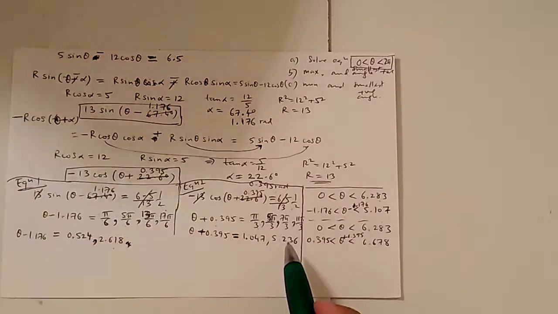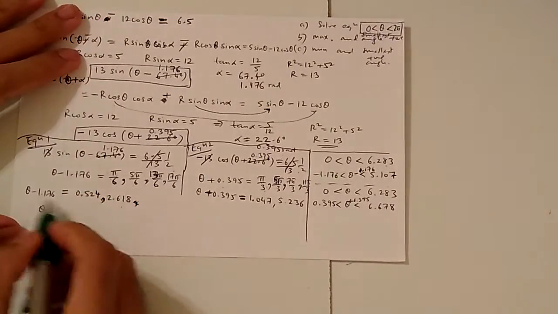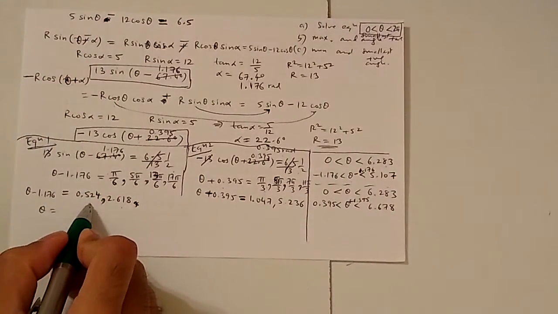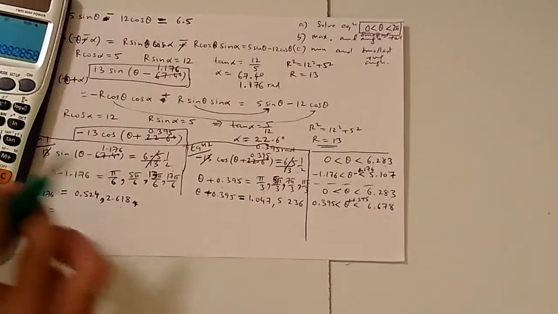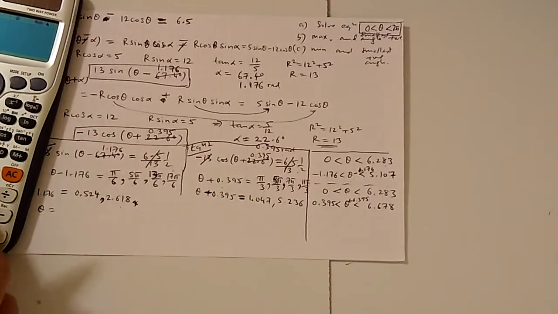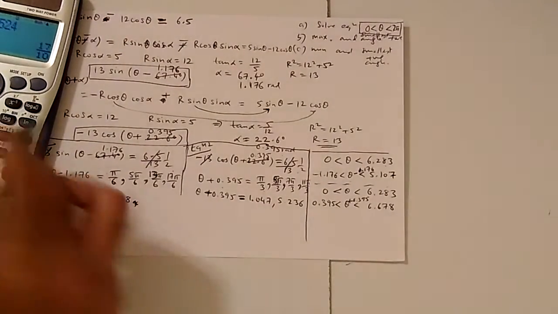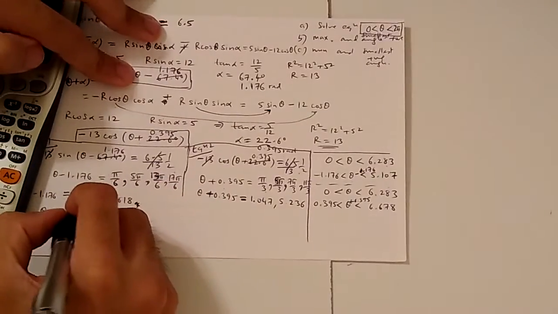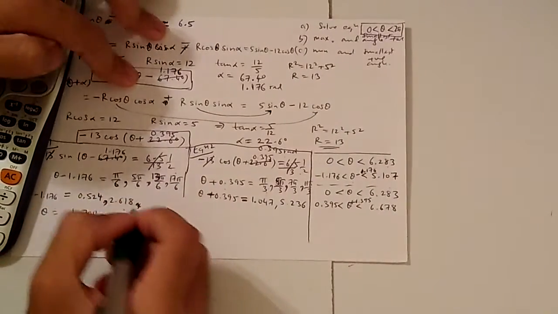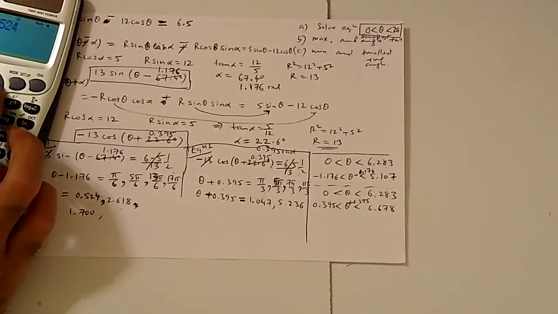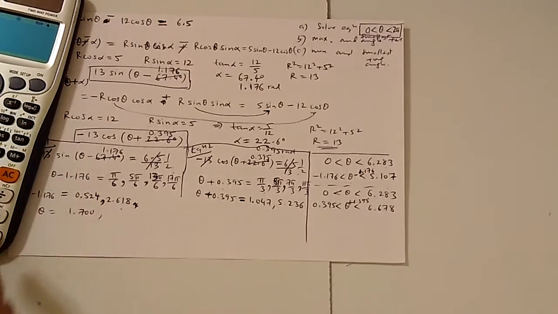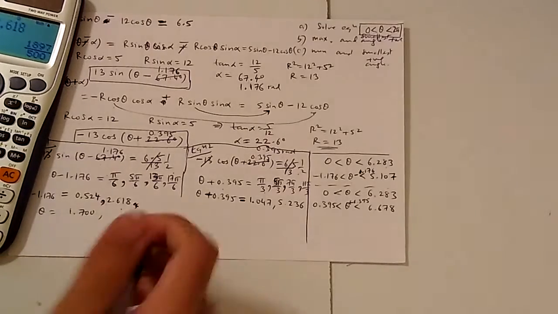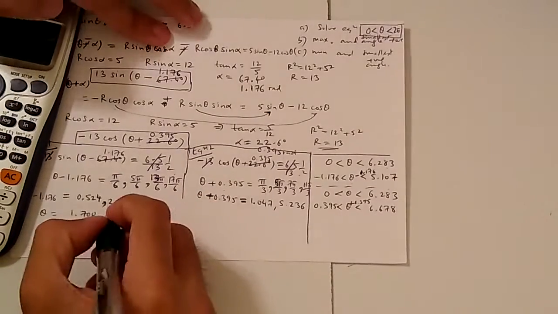So we have 2 answers over here. Now finally we can easily find out what theta is. Add 1.176 to both sides, we get 1.176 plus 0.524, which is 1.700. For the second one you get 1.176 plus 2.618, we get 3.794.